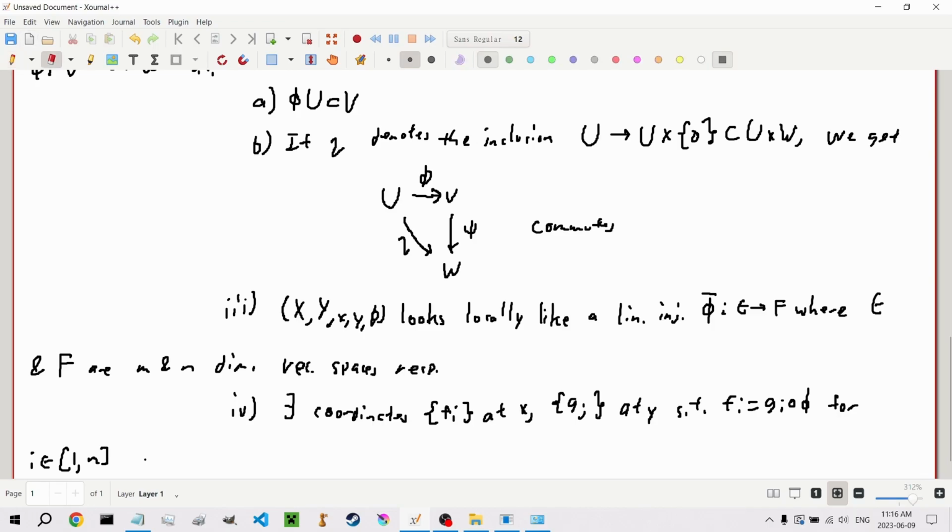One sec, I keep seeing this, and I'm going to put a bit more space for the y so I don't get confused here. And 0 is our G_j composed with phi for j in the range of m plus 1. Okay, this is m, not n for i. And this is m plus 1 through n.